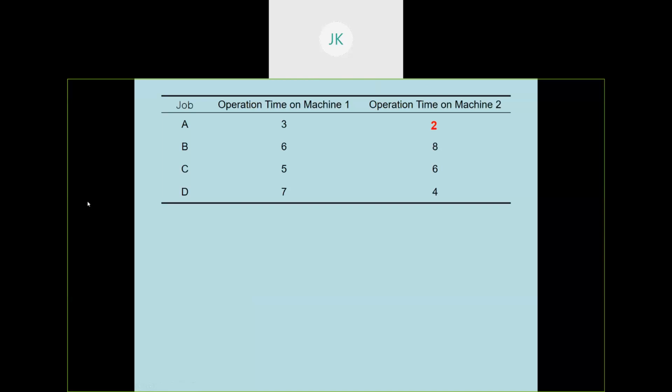I will use the pen. This one is the shortest among operation times. So job A goes to the last, because this one is for the second machine.